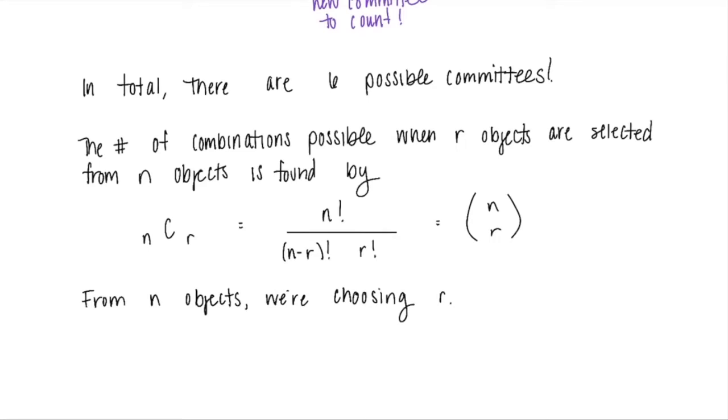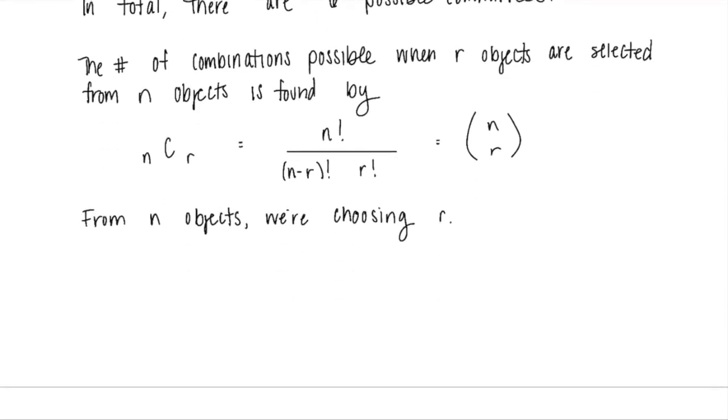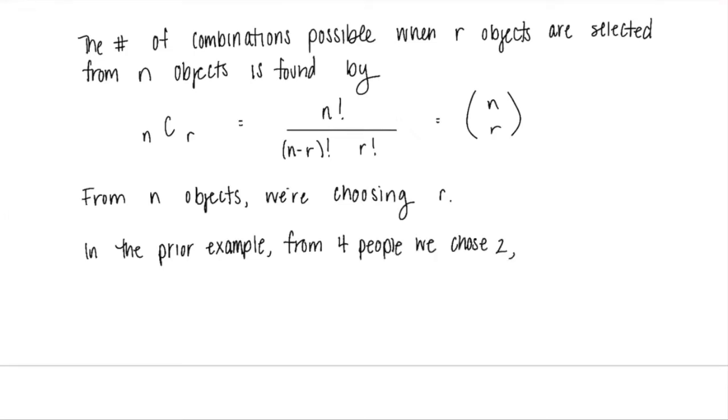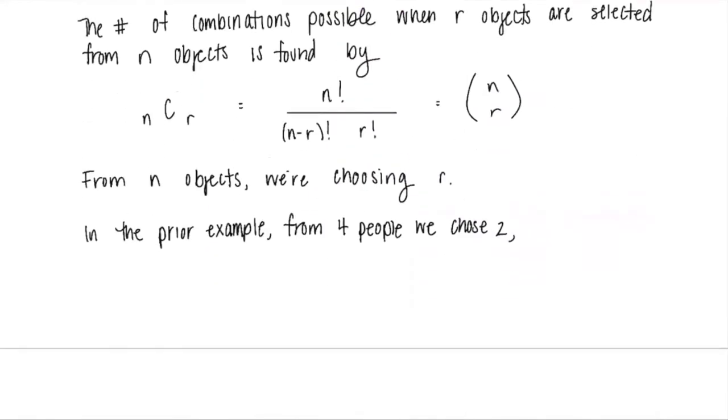So let's connect it with that prior example. We had 4 people to choose for our committee, and we picked 2 of them. So in the prior example, from 4 people, we picked 2. So there were 4 choose 2, which again you can write as 4 choose 2.